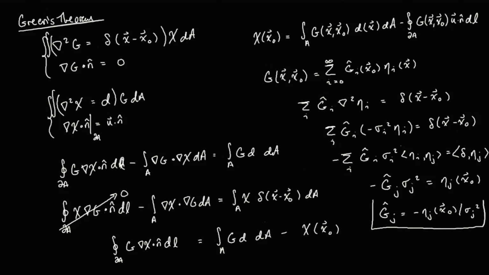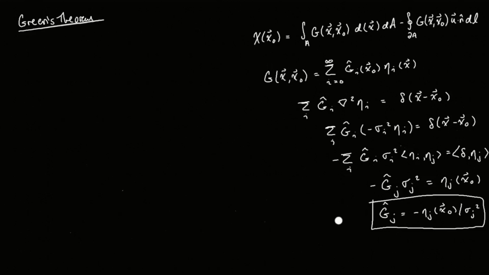See where we're going with this, right? Let's clear some space. And now that we got this, let's go ahead and plug in our series solution for G with the spectral coefficients for the Green's function that we found.